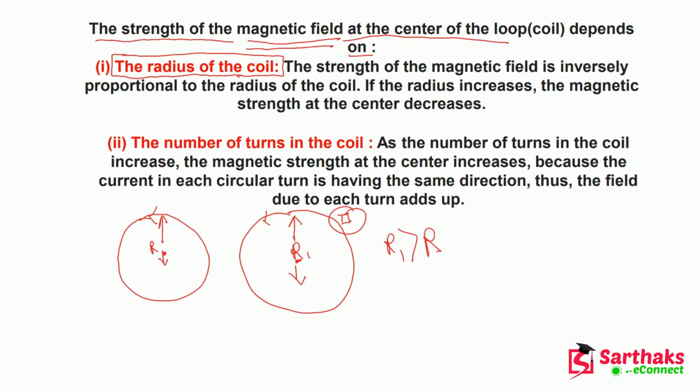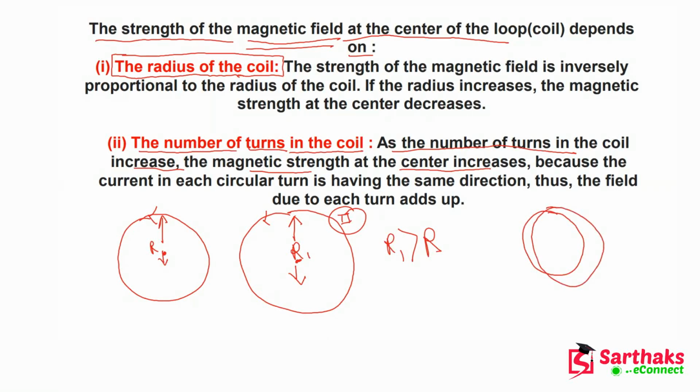Now let's talk about the second factor, the number of turns in the coil. As the number of turns in the coil increases, the magnetic strength at the center increases. Let's suppose that in place of a single turn, I take 2 turns like this.